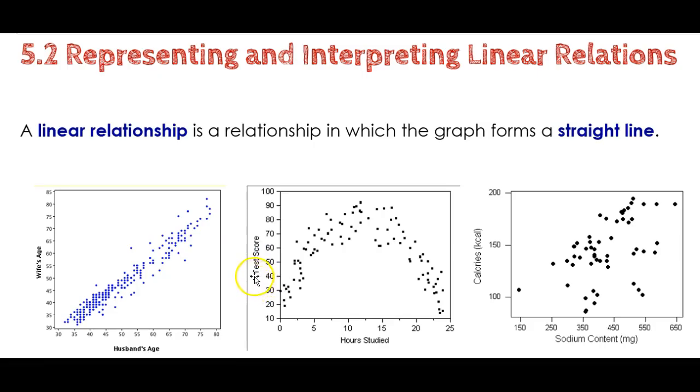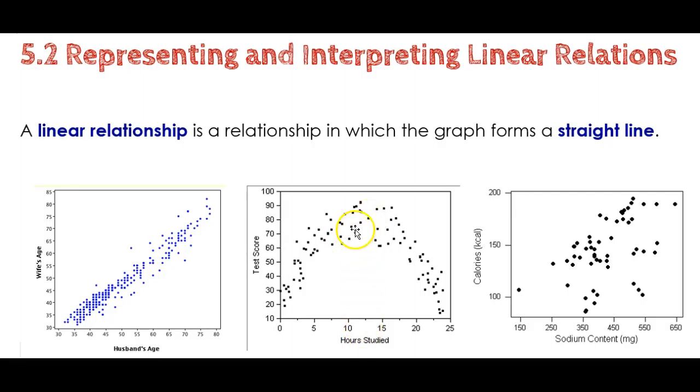In this particular graph, they're saying test scores depend on the hours studied, right? So it looks like if you start with 0 hours studied, your marks tend to be lower. Now, it seems that as you increase the number of hours that you study, your test scores are going to go up.